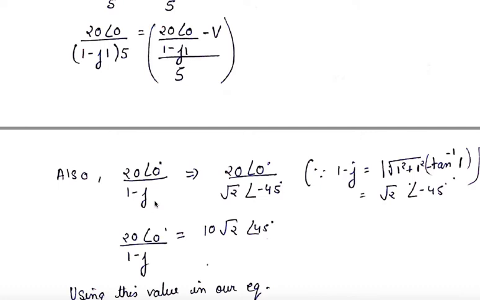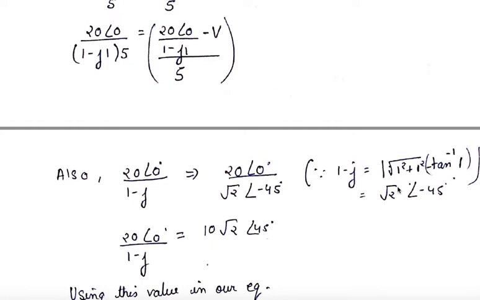So magnitude is nothing but the under root of real part square plus complex part square. So real part is 1, so under root of 1 square, and complex part is minus 1, then minus 1 square is again 1. So it is under root of 2. So we got the magnitude of this. Then how to find the phase of it?